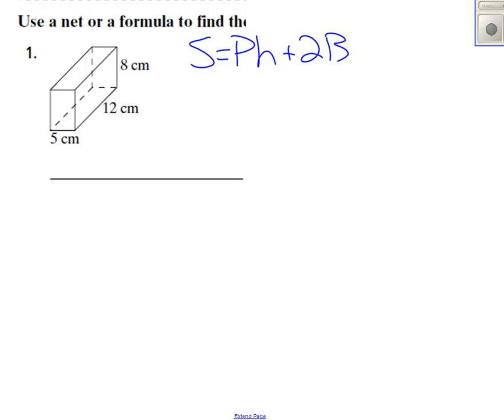We're going to write down what all these letters mean, because it used to tell you, the chart doesn't tell you anymore what the letters stand for. So we're going to start with capital P, which will always represent the perimeter of the base.